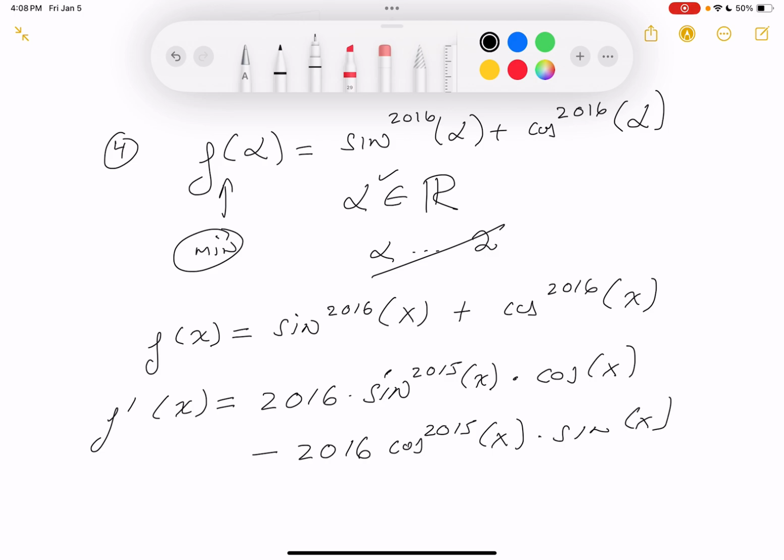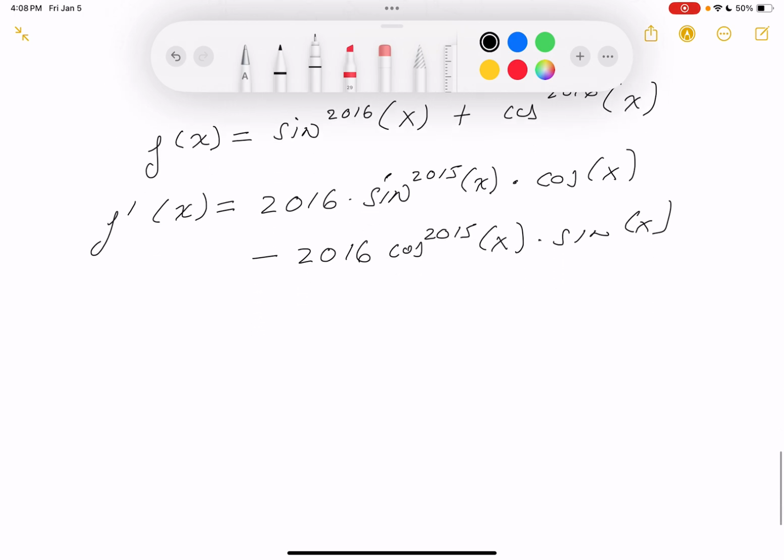All right, I got to factor that. And I'll write this over here. I'm going to say 2016 certainly factors out, and a sine factors out, and a cosine factors out. And what are you left with?